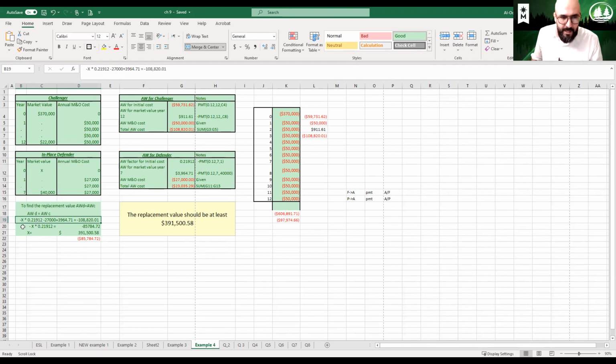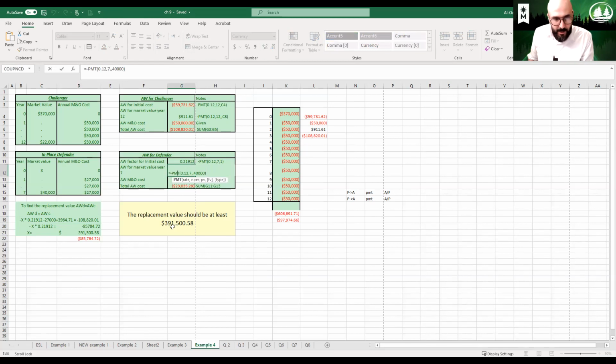So we have negative X, that's the initial cost that we don't know, or the replacement value, times 0.21912 minus 27,000, that's the maintenance and operational cost, plus 3964. Where is this coming from? That's coming from the annual worth of the salvage value right there.